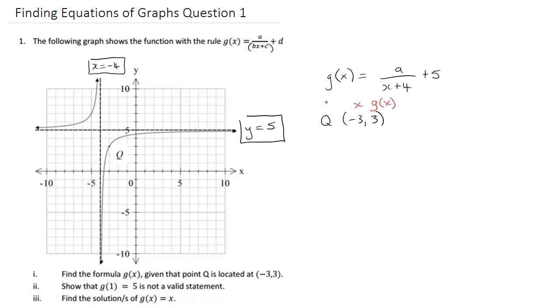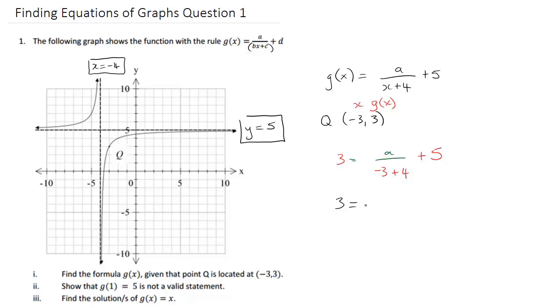So we're going to substitute the coordinates into the equation. So we've got 3 equals a divided by, we have -3 for x, plus 4, plus 5. So our aim is to find the value of a.